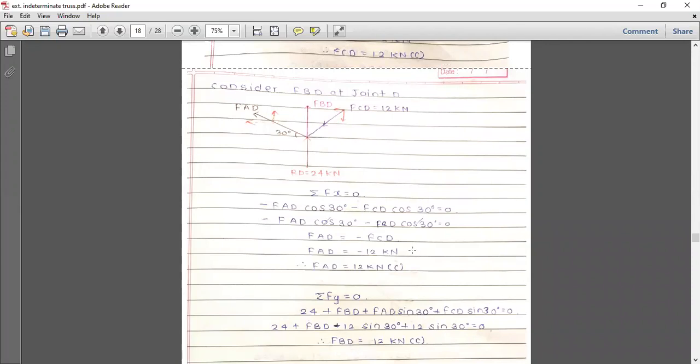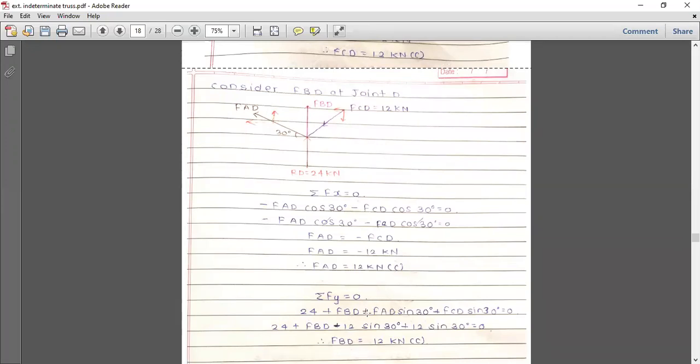So whatever answer we are getting first, that value you have to consider. So here we have got minus 12. Just put the value along with its sign. That is minus 12 we are going to consider. Okay, this part is important.